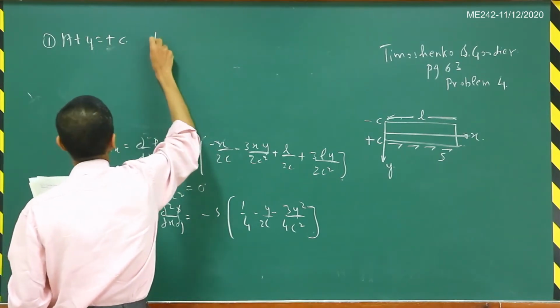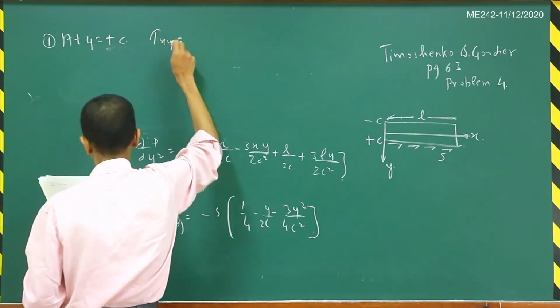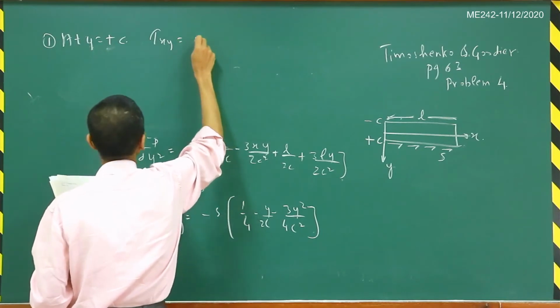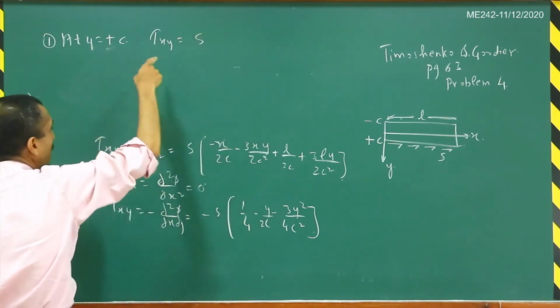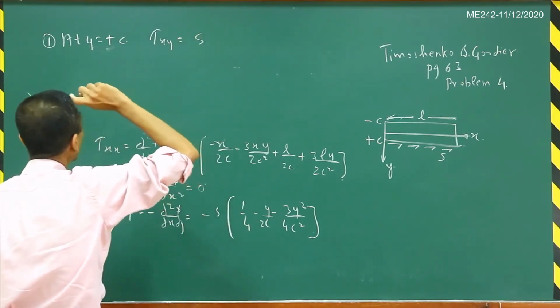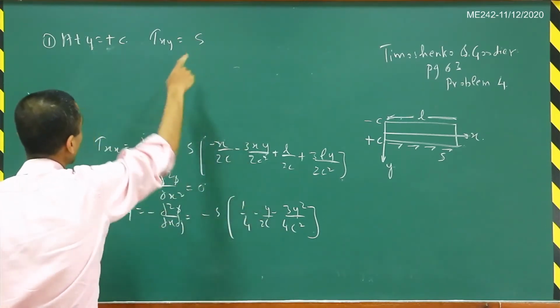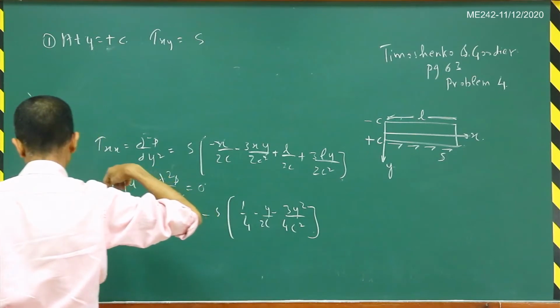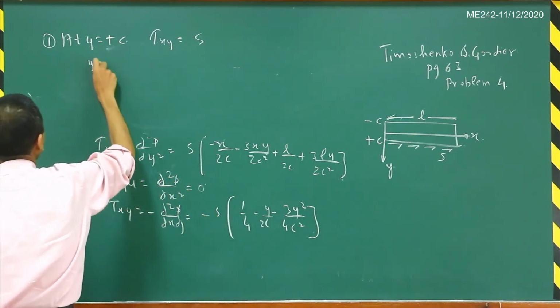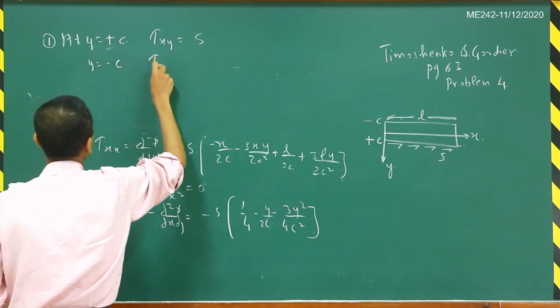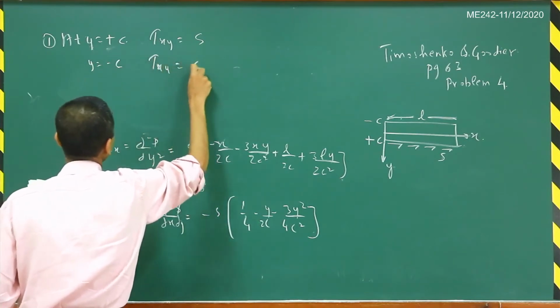If you substitute y equal to plus c into this particular expression, then you will get tau xy equal to s. And then at y equal to minus c, you will get that tau xy is equal to 0. Okay.